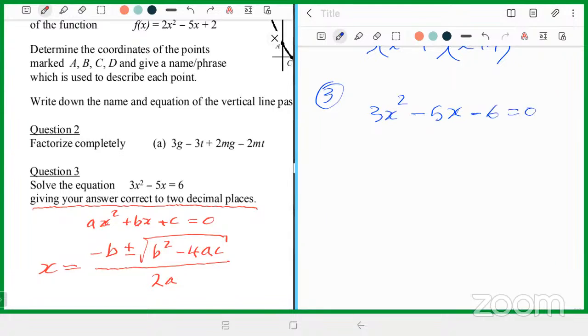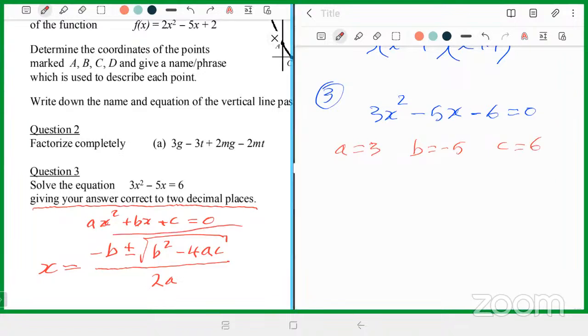Because we have done that, we have the equals 0, and we are now able to identify the a, the b, and the c correctly. The a is the coefficient of x squared, which is 3. The b is the coefficient of x, which is negative 5. I have to carry the negative with it. And the c is the constant term in the expression, which is a negative 6.